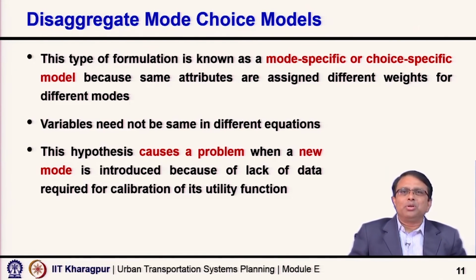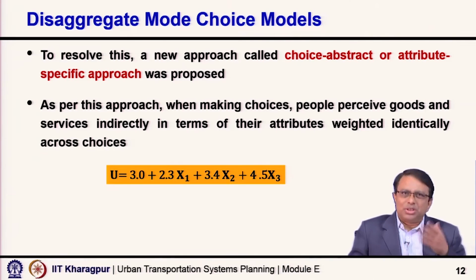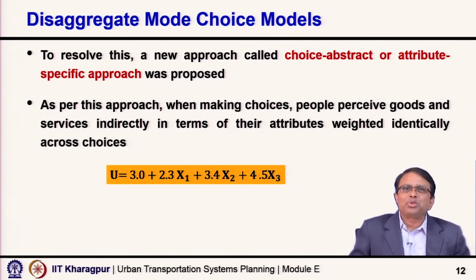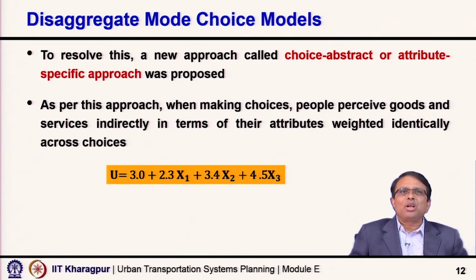If you bring a new mode, because the coefficients are different for every mode, you do not know what the coefficient values will be, since it does not exist today. So, it causes a problem when a new mode is introduced. To resolve this, a new approach called the choice based or attribute specific approach was proposed.